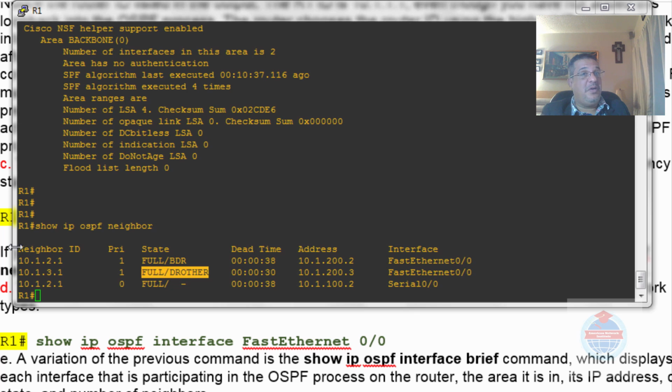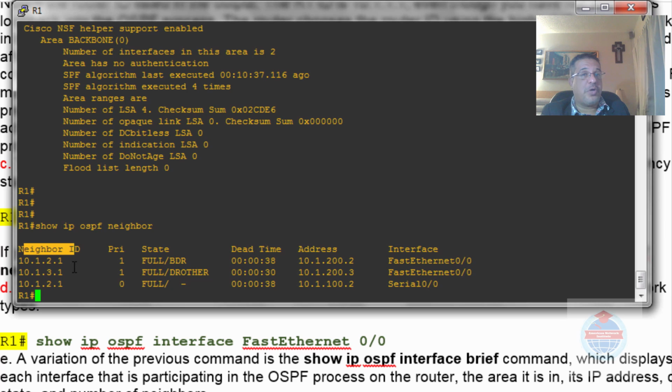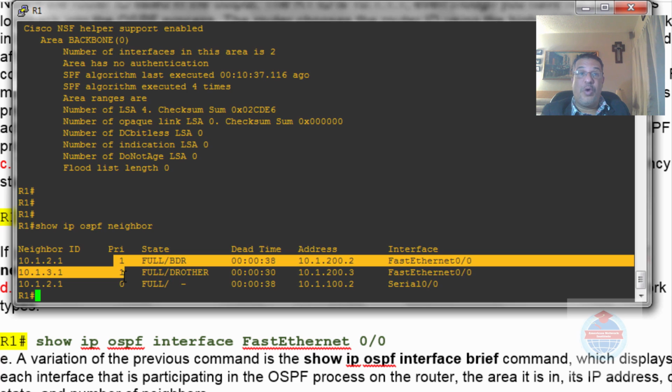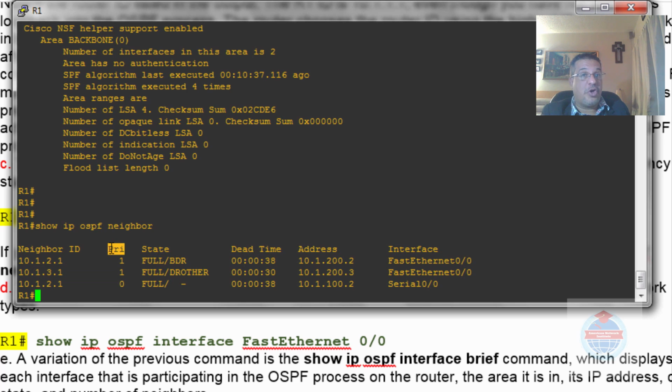We can see important information: the neighbor ID of each one of the other routers, the state of each one of them, the priority set to 1 over here, guys, something that we're going to be working with in the future, the address of each one of them, and which interface we can reach them from.